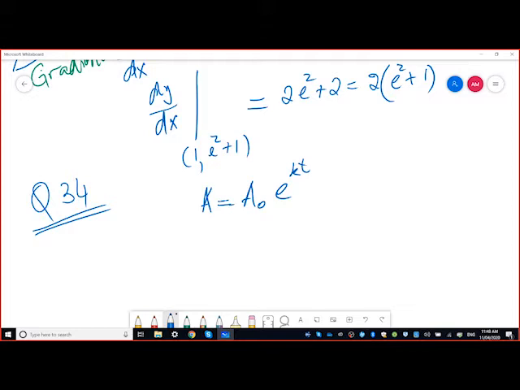The k would be positive if it is growing, and negative if it is a decay. Do you remember that from the last session? Yes. Okay, it's the same thing.